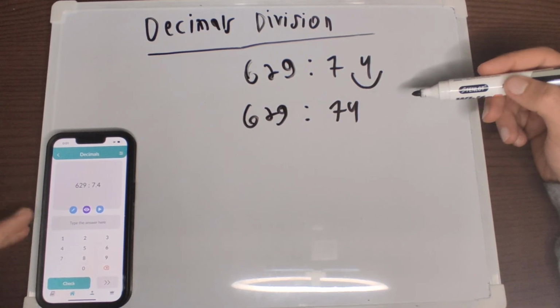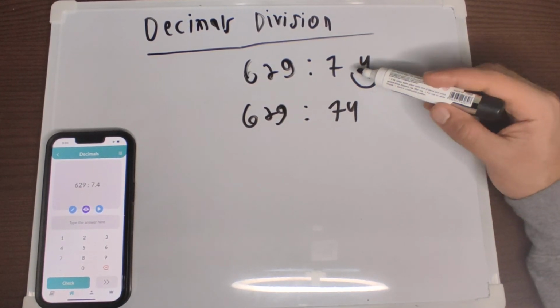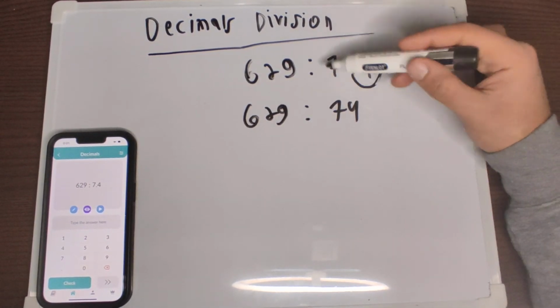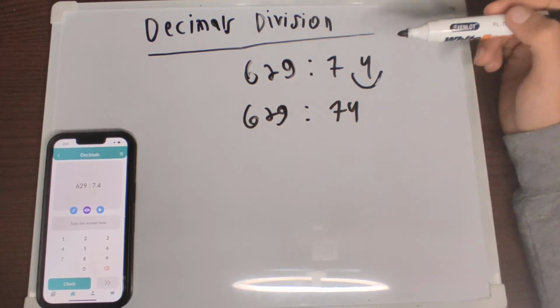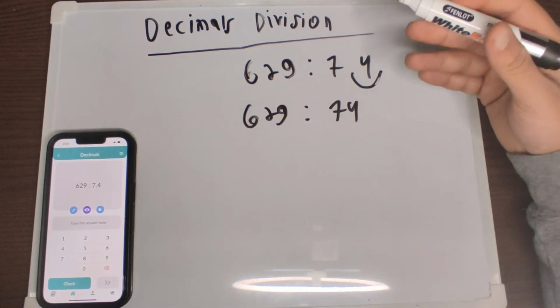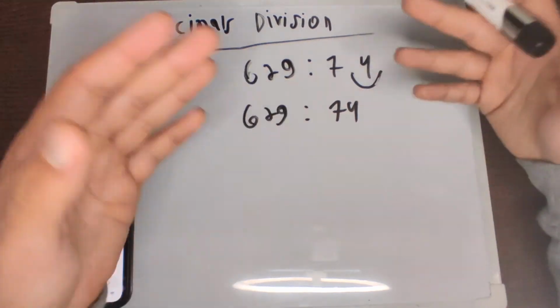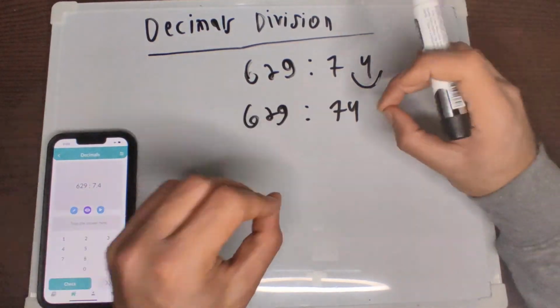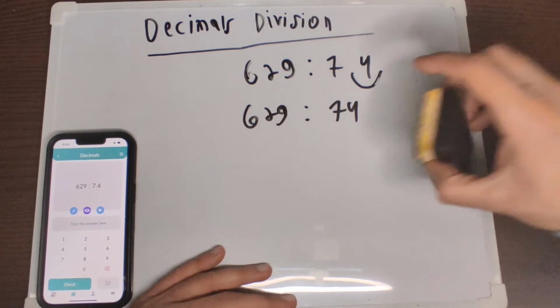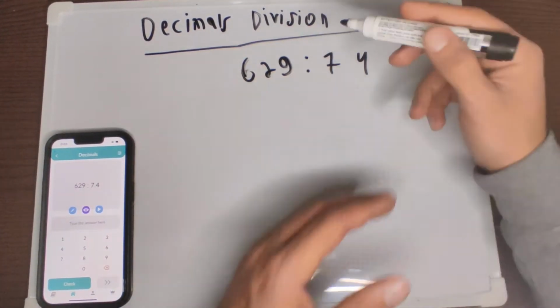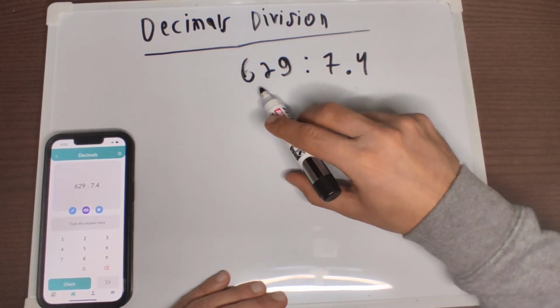As I have said to you, when we multiply one of the numbers by 10, we must multiply the second also. We cannot multiply only one number. We must multiply them both or divide them both by the same exact number. So when we multiplied this number by 10, we must multiply this number also.